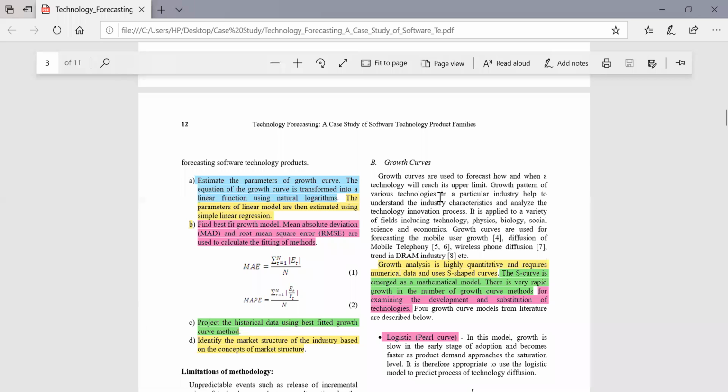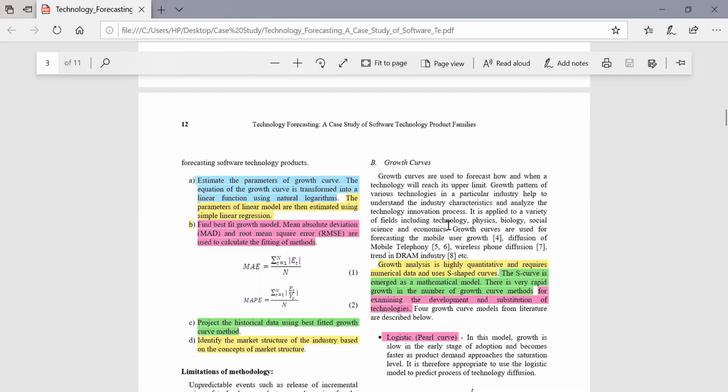When this is the scenario, these growth curves play a vital role in seeing that the products which have been manufactured map with the innovation process they are using, and hence it is applied to a variety of fields including technology, physics, biology, science and economics.